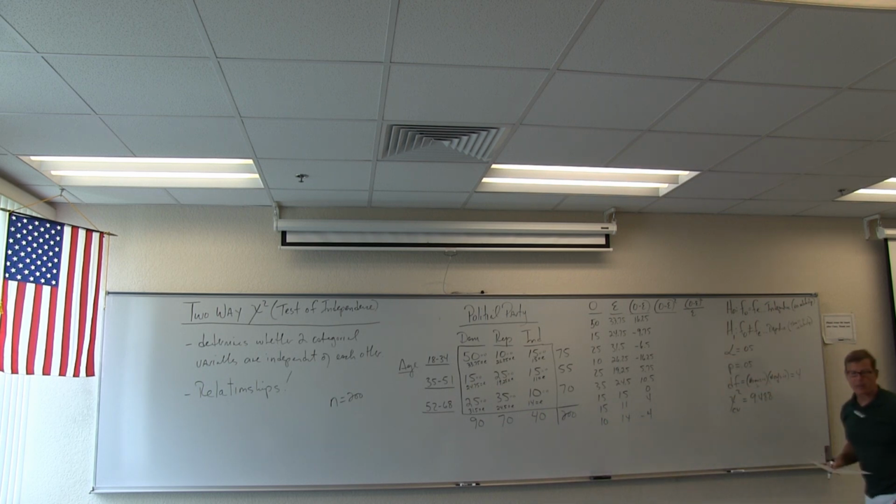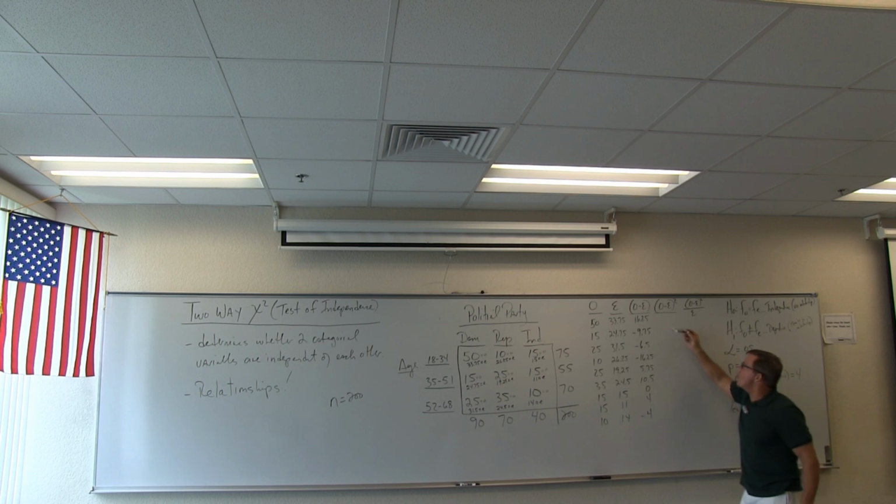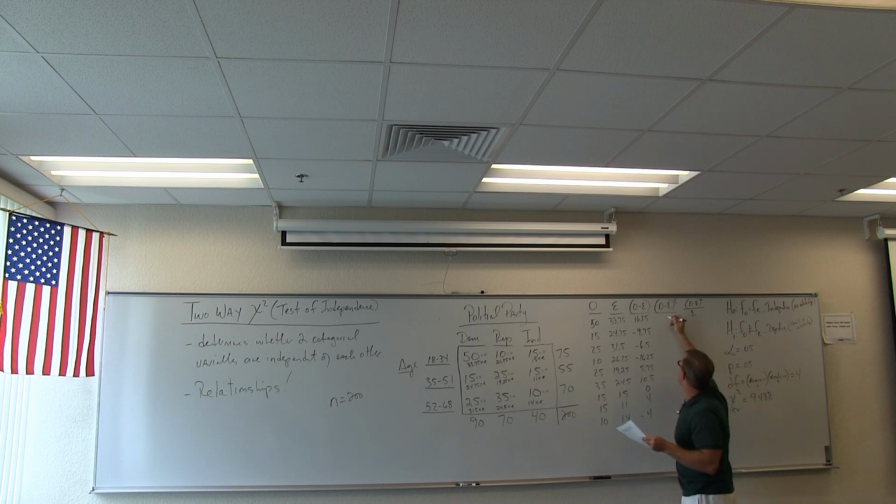O minus E. We then keep the thing going and just take each O minus E data point and square it per these instructions. 16.25 squared, 264.1.